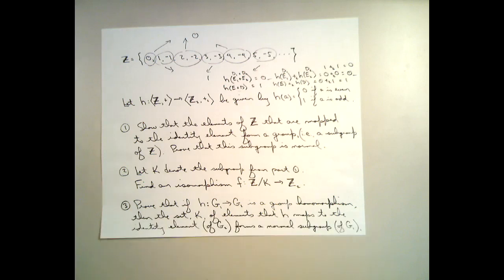I want you to prove for me that if I have a homomorphism between two groups, and I consider the set of elements that H maps to the identity element, of course the identity element of G2, because H is mapping into G2, I want you to prove that that set of elements forms a normal subgroup of G1.